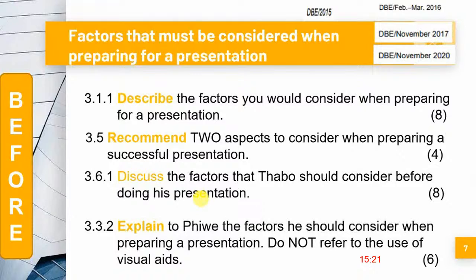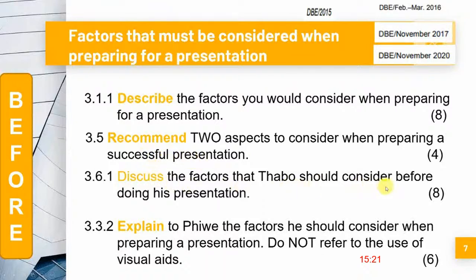Factors that must be considered when preparing for a presentation. This came up in the November 2017 and the November 2020 paper. And here: describe the factors you would consider. Recommend 2 aspects to consider when preparing a successful presentation.